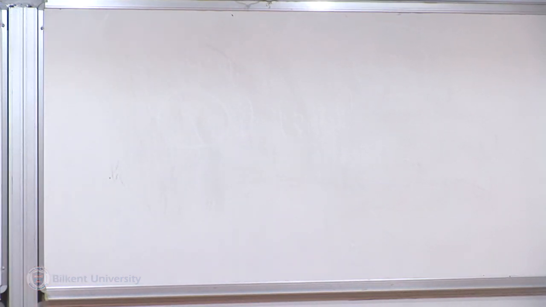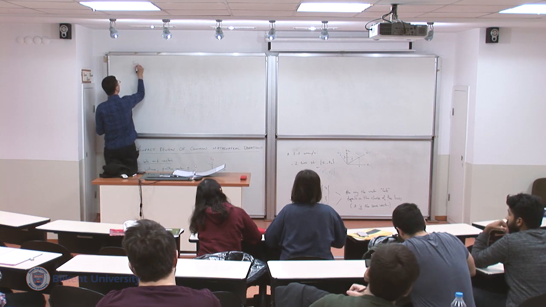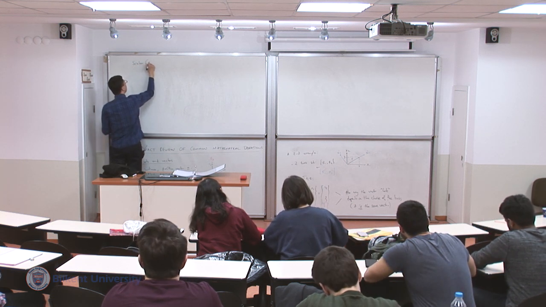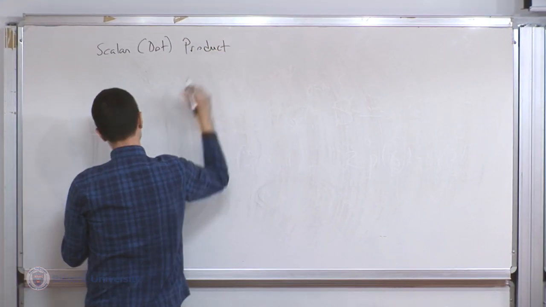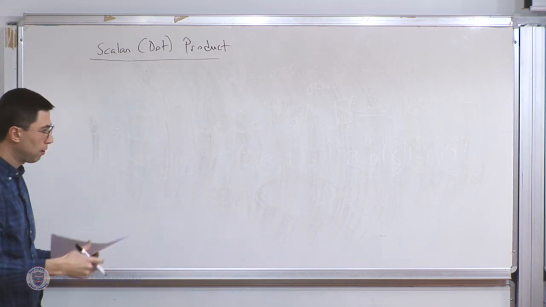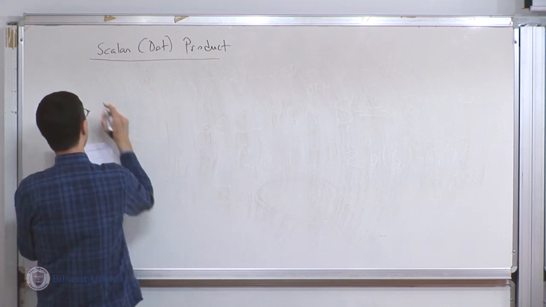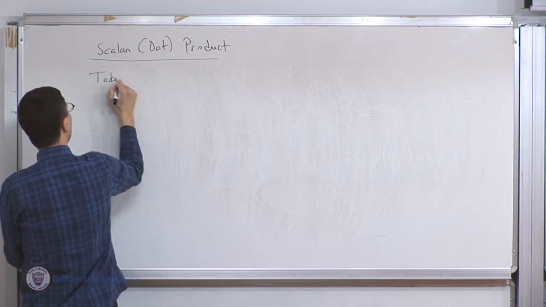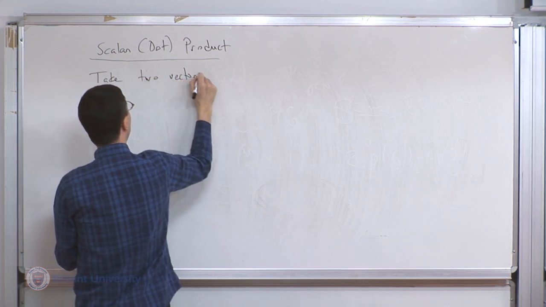All right. So now let's talk about operations between vectors. The first one is the scalar product. Sometimes you call it the dot product. So I'm going to make this summary as practical as possible. I always will try to give you some examples so that you both see what the concept was, you recall it, and then you also remember how to apply it. So let's take two vectors.